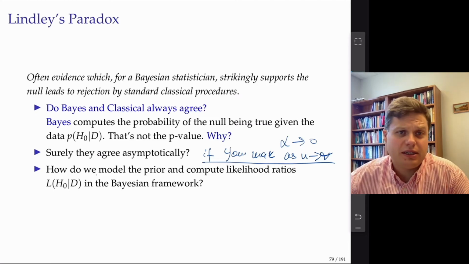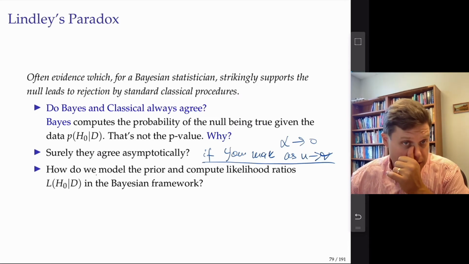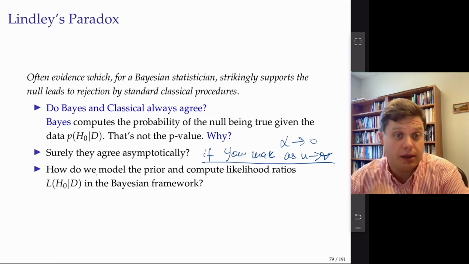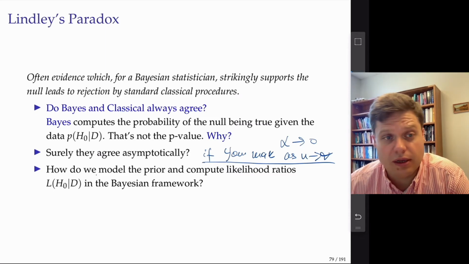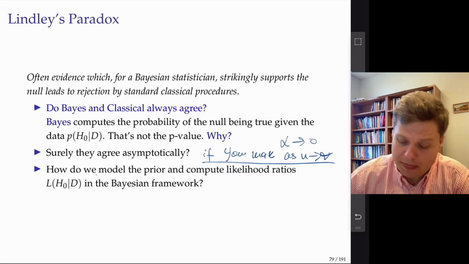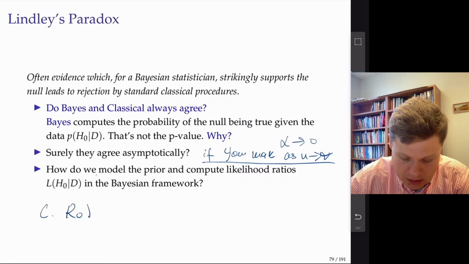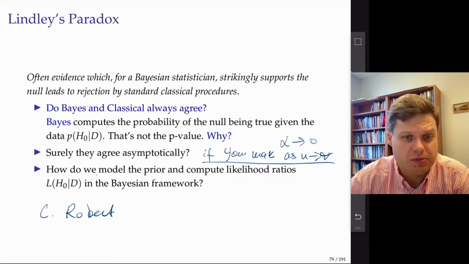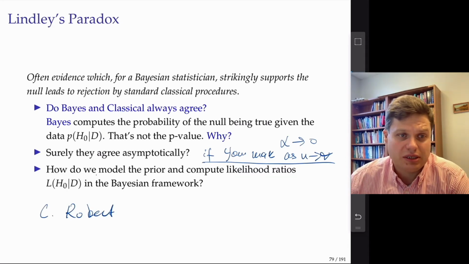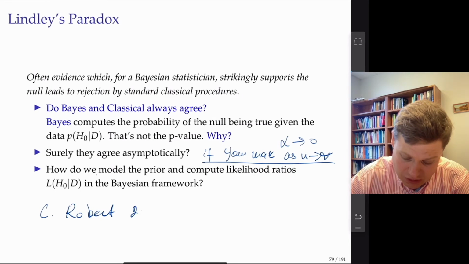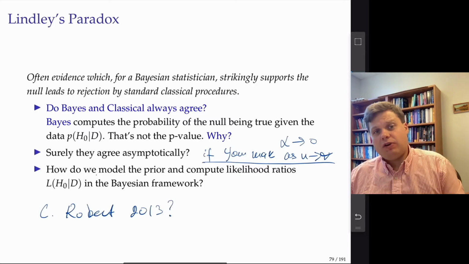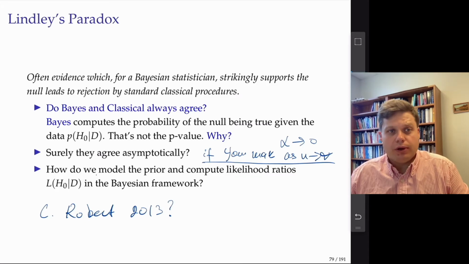This has been a very heated discussion in the statistics community, and the most recent Bayesian view on this was given by Christian Robert in a paper published in 2013. If you go to the Wikipedia page and look for Lindley Paradox, this paper is referenced there.